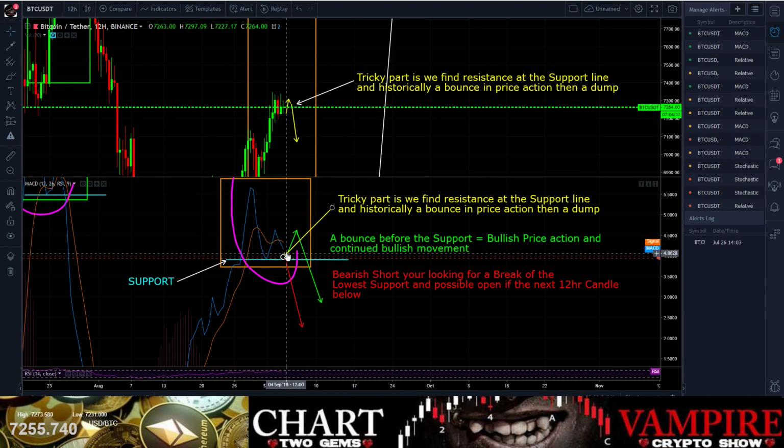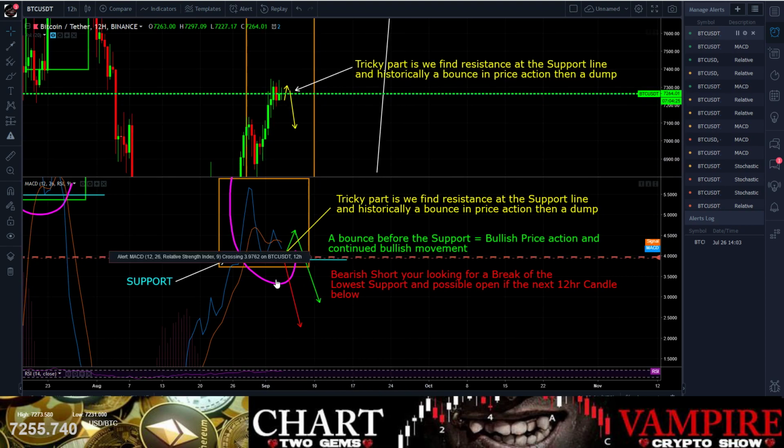Now, as long as you're above this line, you're bullish, right? So we can add that in there. As long as you're above the line, you're bullish. So let's do that. We'll make one point.